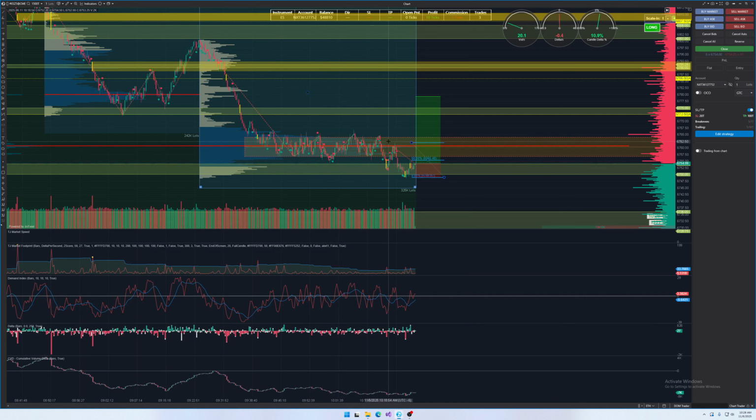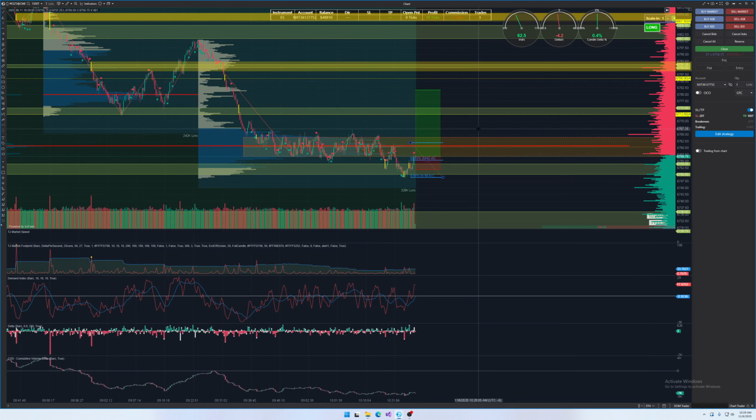Then we had here -2, 11 ticks, and here -1, 10 ticks. So we made 10 ticks profit today on the 6th of November on the ES market in the evaluation account.